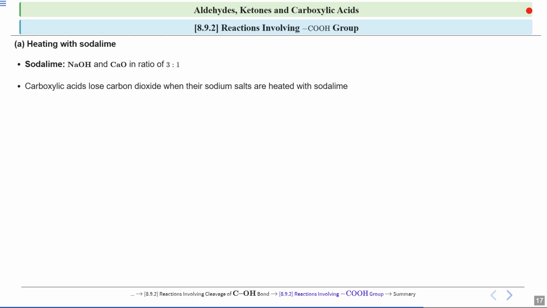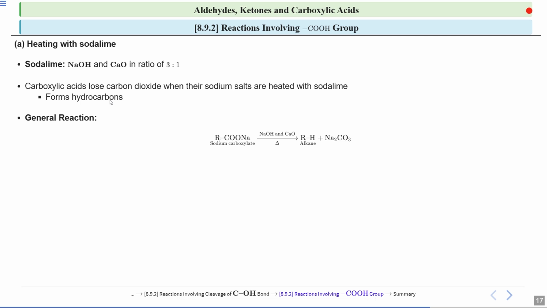That is why it is called a decarboxylation reaction, the loss of COOH as CO2. The loss of carbon dioxide results in the formation of hydrocarbons. So the product is always one carbon less than the original acid.